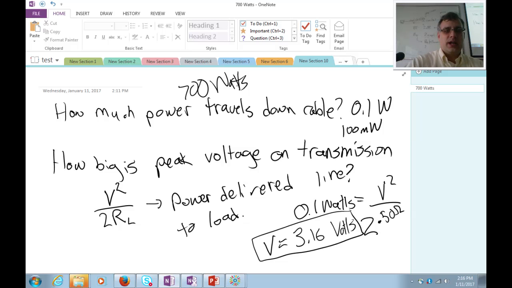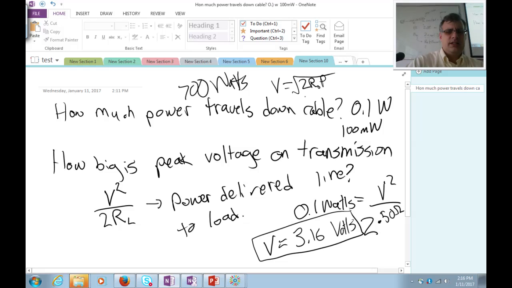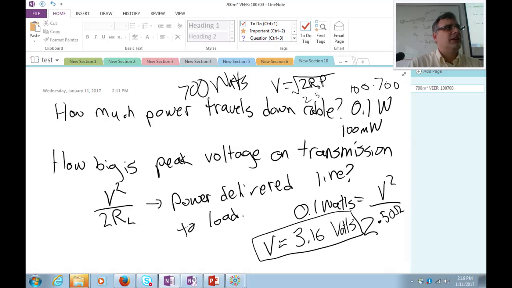Well, no, because according to this equation, V is equal to the square root of 2 times the intrinsic impedance, call it R0, times the power transmitted. This is 2 times 50, 100, times 700, so it's like the square root of 70,000, about 250 volts of peak signal.